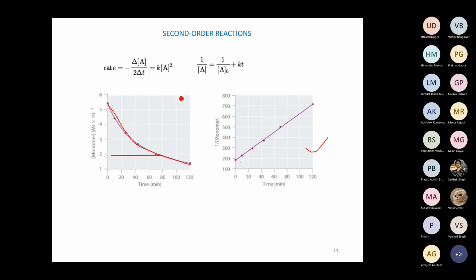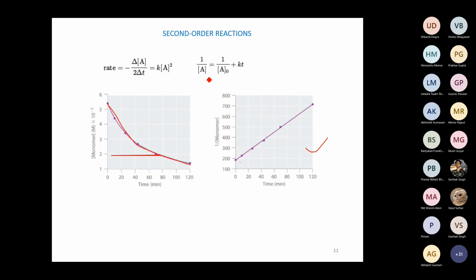So if you determine the concentration of starting material A at different times, and plot concentration of A versus time, and you get a straight line with negative slope, then that is zero order.